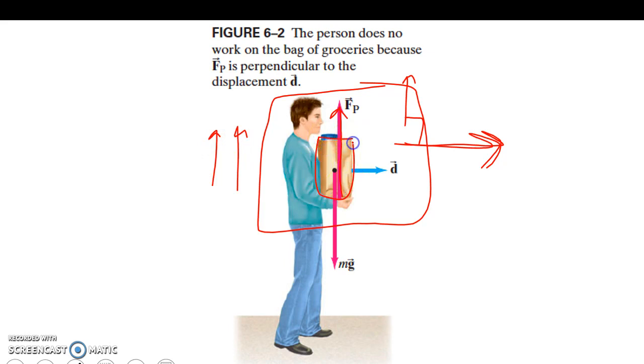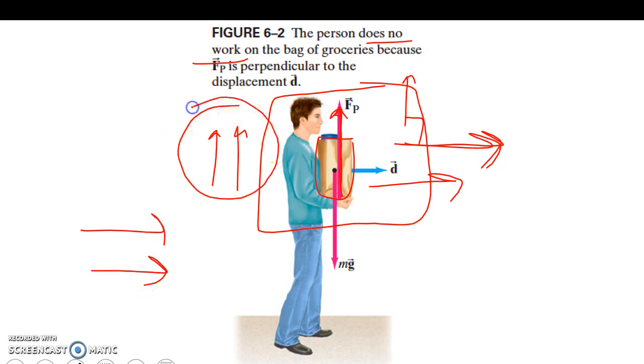If we leave it level, we're applying a force upward but moving this way, and because we're perpendicular, no work is done. So again, the force has to be parallel to the displacement. It cannot be perpendicular. If it is, no work is done. So what seems like it could be work to us, by the definition of physics, is not.